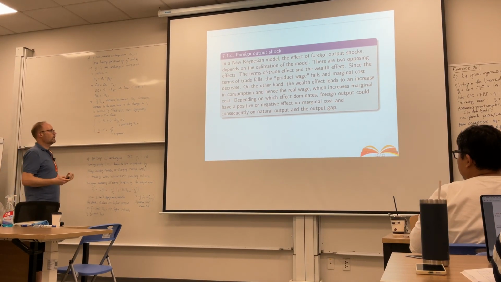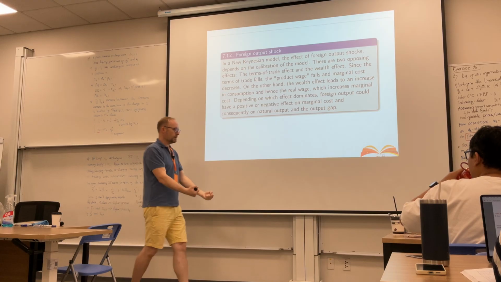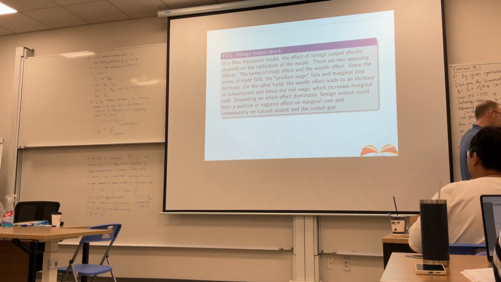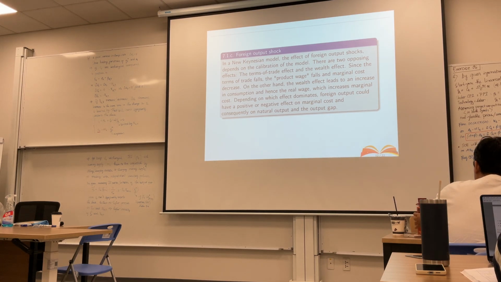In the New Keynesian model, we're always going to have incomplete adjustment of prices. So you can take that as the first direction movement of prices that you would have.